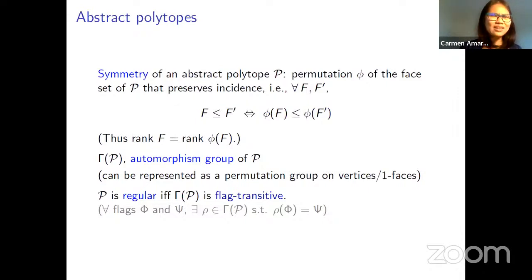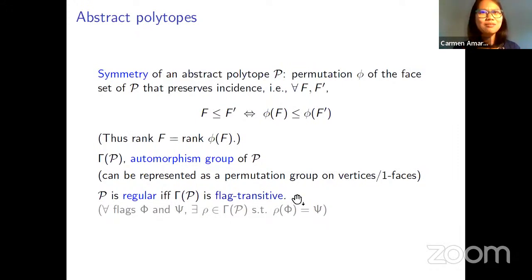Now, we say that a polytope is regular exactly when the automorphism group is flag transitive. So, pag tinignan natin yung action induced by the automorphism group on the set of flags, ibig sabihin, for any two flags, phi and psi, we must always be able to find an automorphism rho of the polytope which sends the flag phi to the flag psi.